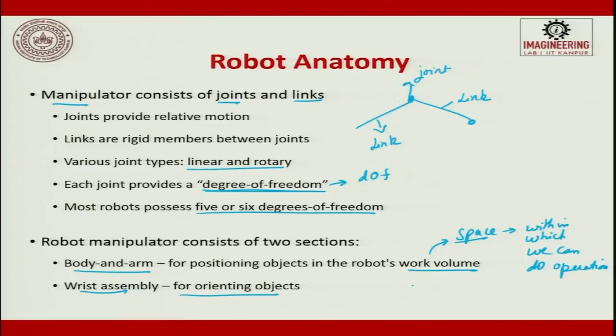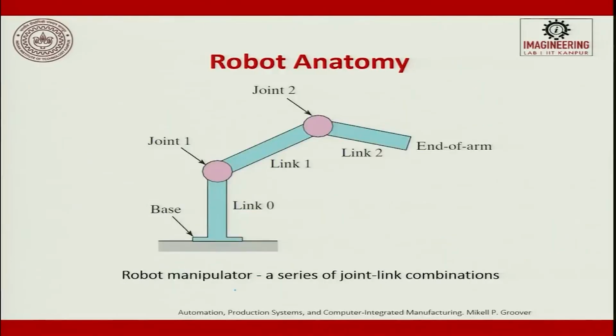Two things, please understand, two sections: body and arm, and wrist. Take the example of a human body; body and arm are for positioning, and the wrist for orienting. This clearly talks about whatever we have discussed till now. So, the robo manipulator is a series of joint link combinations.